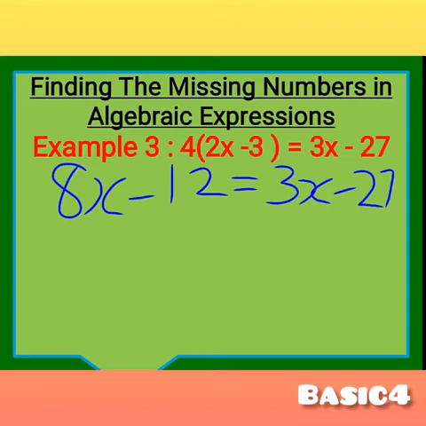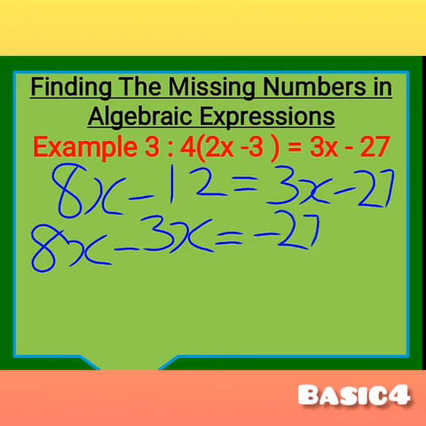Let's do that. We have 8x. 3x is at this other side, which is the right side of the equation. When 3x crosses the sign of equality, it becomes minus 3x is equals minus 27 is already there. Now, minus 12 will cross the sign of equality and becomes positive 12.